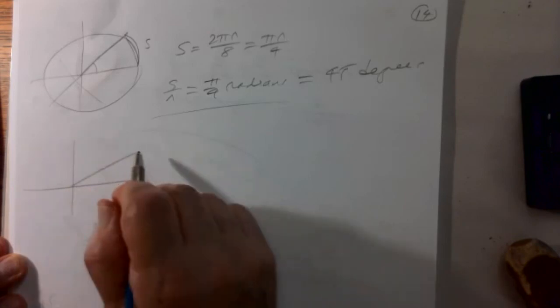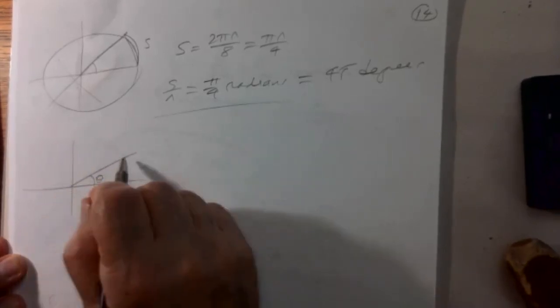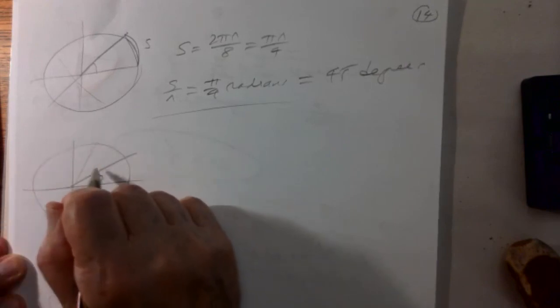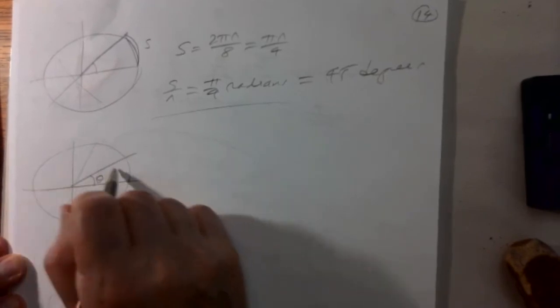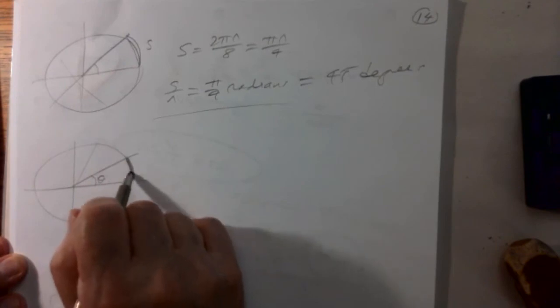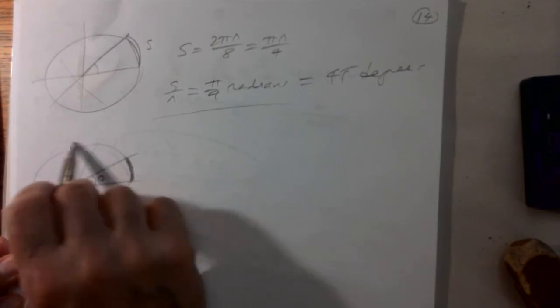Suppose we take an angle which in high school you would call 30 degrees. Well, this arc that it cuts out is 1/3 of this, which means it's 1/12 of the whole thing.